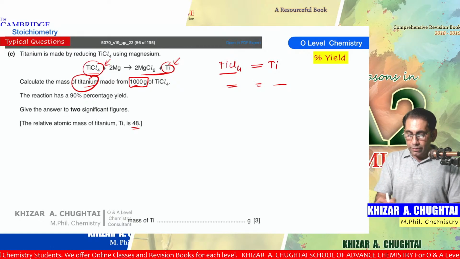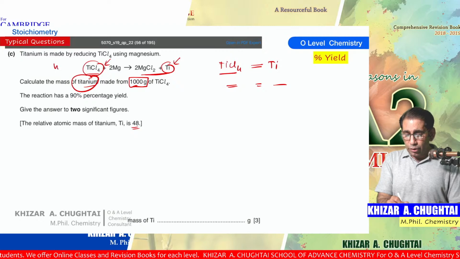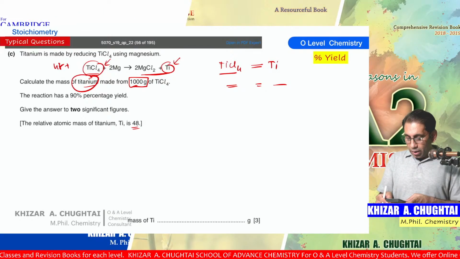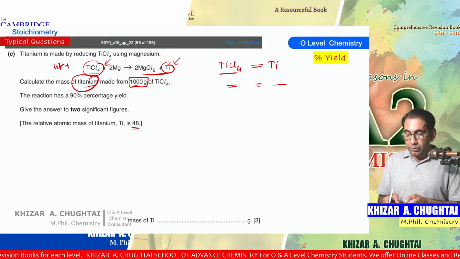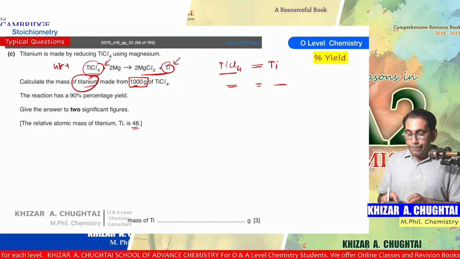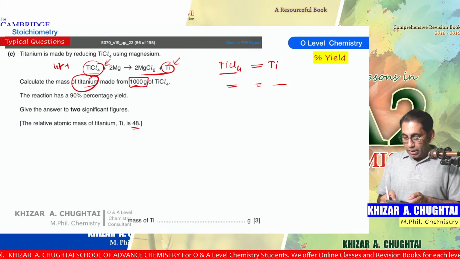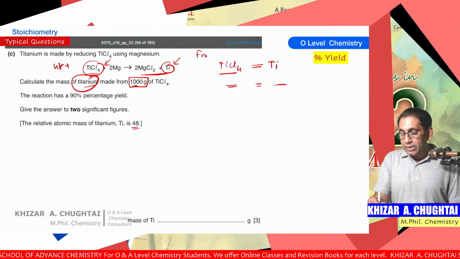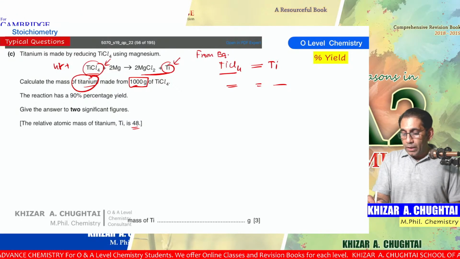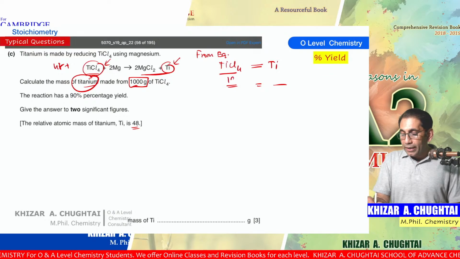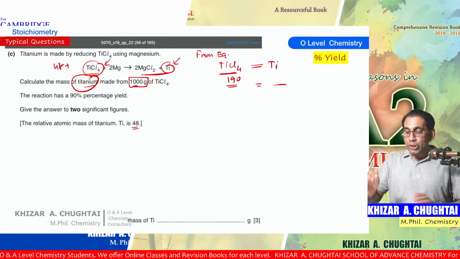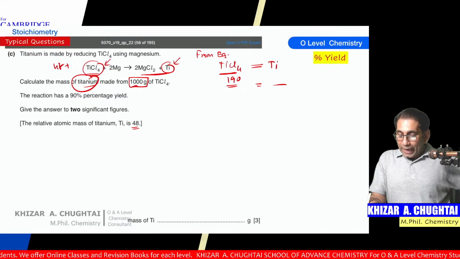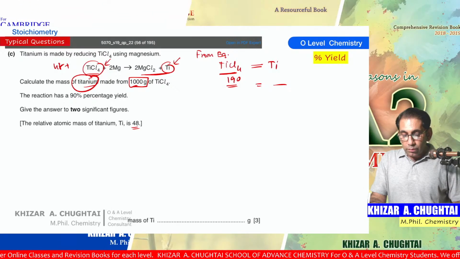The Mr of TiCl4 is 48 plus 35.5 into 4. The answer is 190. So according to the equation, 190 gram of TiCl4 is going to yield titanium that is equal to 48.